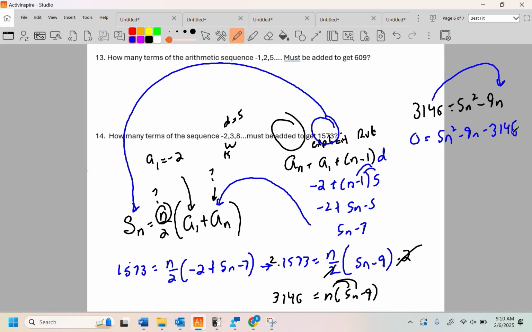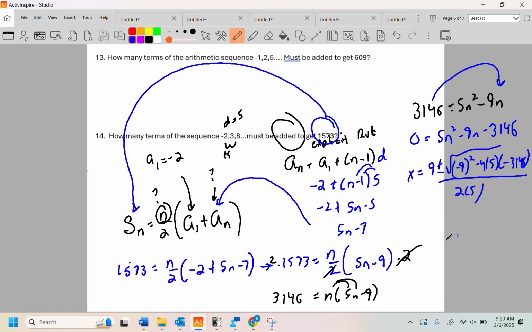And believe it or not, this thing does factor. I don't remember how it factors, but I know it factors. But if it doesn't factor, you can just do the quadratic formula. So it's x equals -b plus or minus square root b squared minus 4ac, all over 2a.